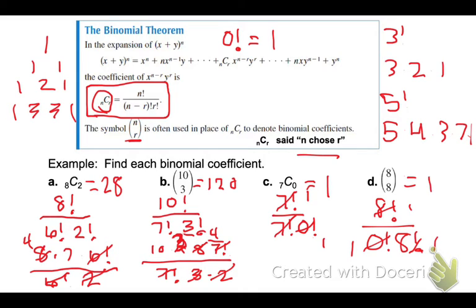So go to your 8th row and go to the 8th term, and what do you get? 1. Make sense? Okay. The formula's not too hard to remember. I would suggest maybe writing it out a couple times so you do remember it. You will need it on your test, and I will not give it to you.